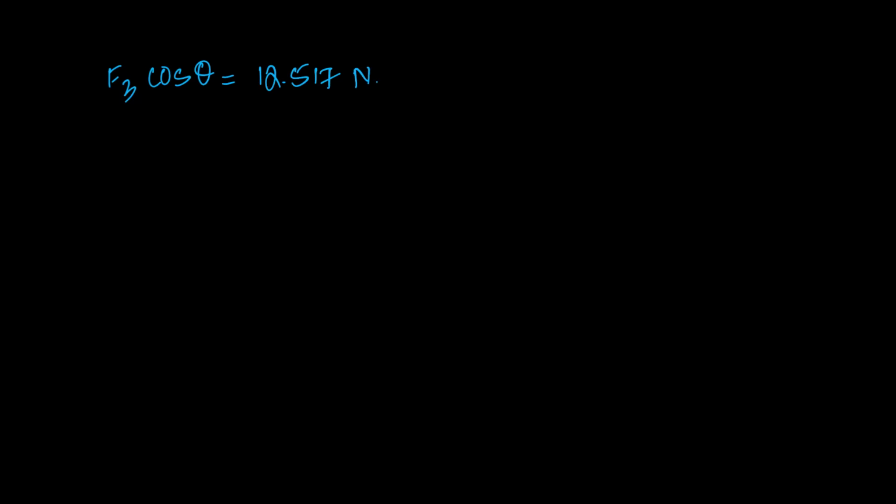And the vertical one, F3 sine of theta, is coming out to negative 10.404. I'm putting in extra decimals in there because I want my answer to be accurate, and at the end of it I'll round it off to the right number of significant figures.